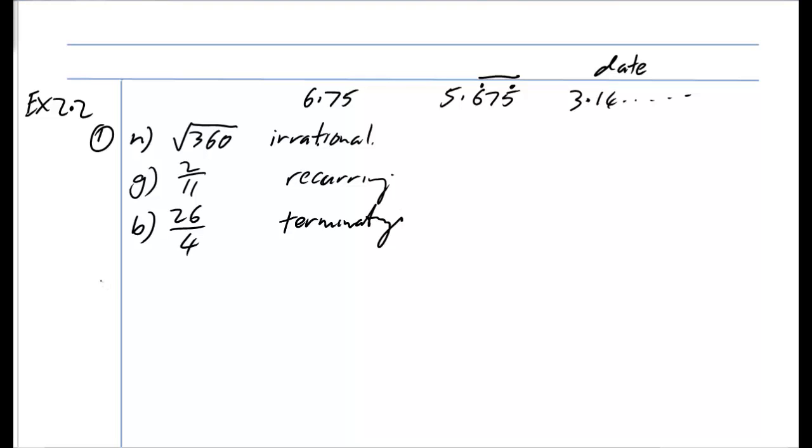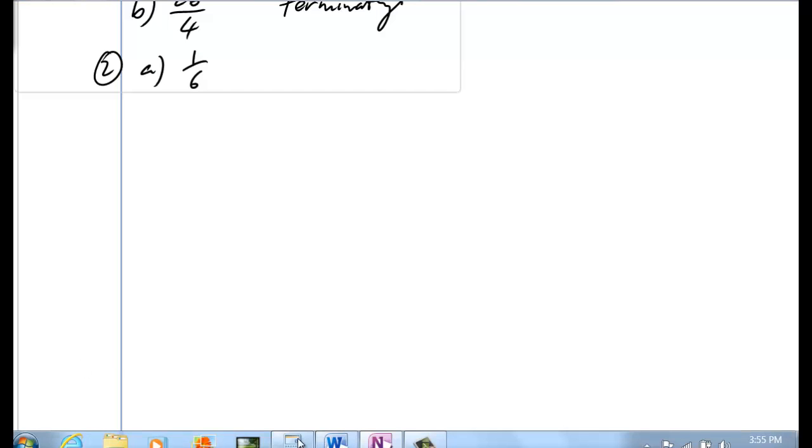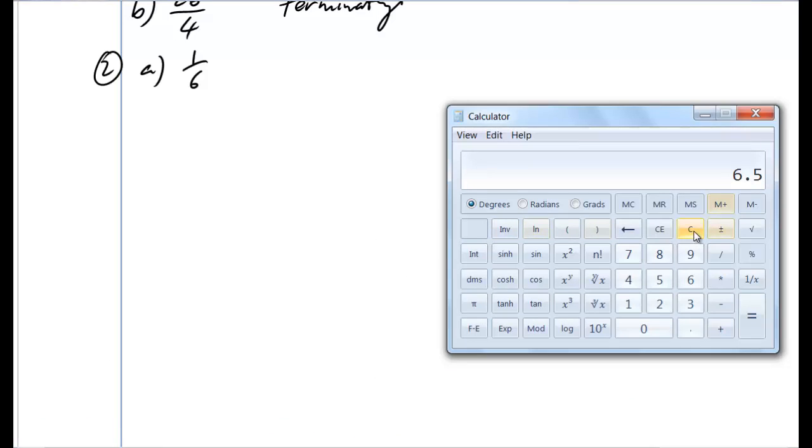Now, let's have a look at number 2. Use a calculator to write each of the following fractions in an exact decimal form. Okay, so I'll do A. 1 over 6. All you do is you get your calculator, same as we did for number 1, go 1 divided by 6, just to work out what the fraction is.